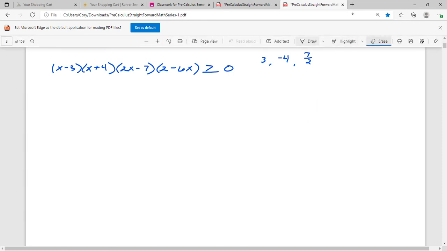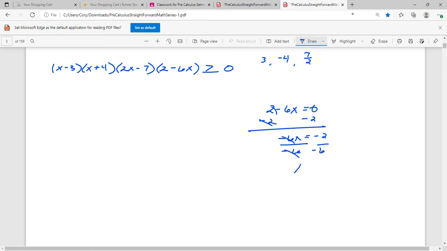The next one is 2 minus 6x equals 0, so I'll do minus 2, minus 2. Negative 6x equals negative 2. Divide by negative 6. These negatives cancel, and I get 1/3 when I reduce that. So the last one is 1/3.